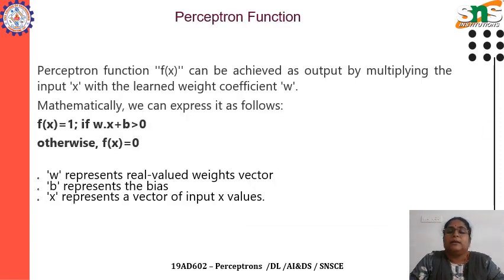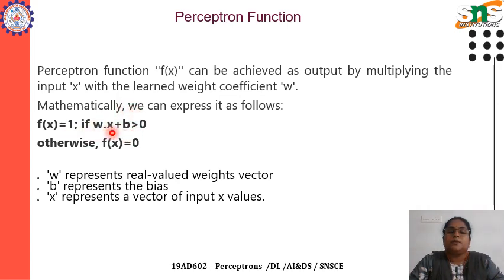Perceptron function. How is this perceptron functioning? F of x is used to denote the perceptron function, which can be achieved by multiplying the input x with a learned weight coefficient w. So mathematically we can express it as follows: f of x is equal to 1 when w into x plus b, that is this term you know, right?